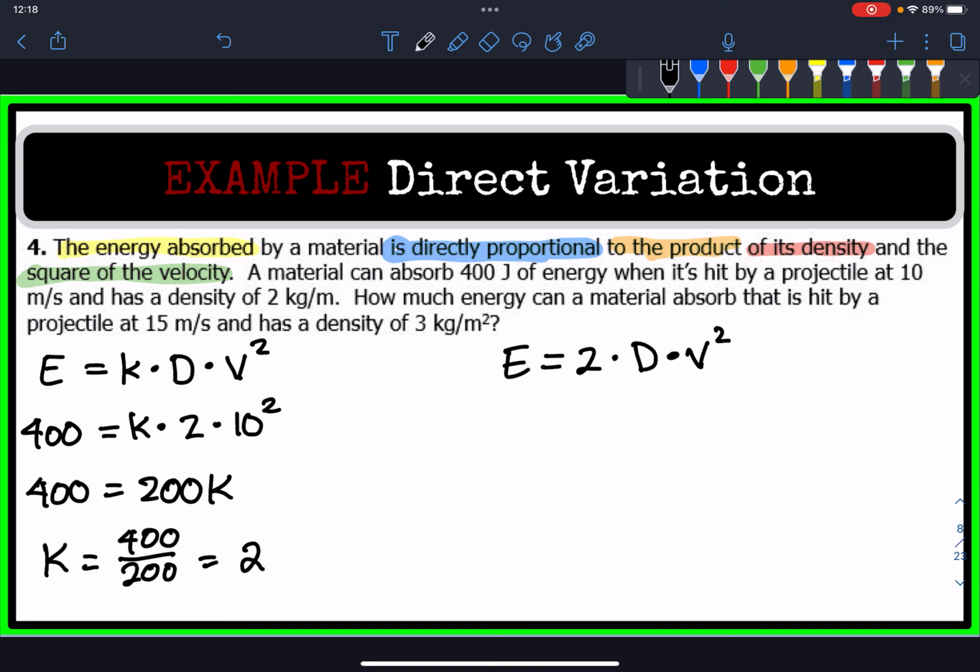So now we want to figure out what the energy is going to be when the projectile is hit at 15 meters per second and has a density of 3 kilograms per meter squared. So our density is 3 and our velocity is 15.